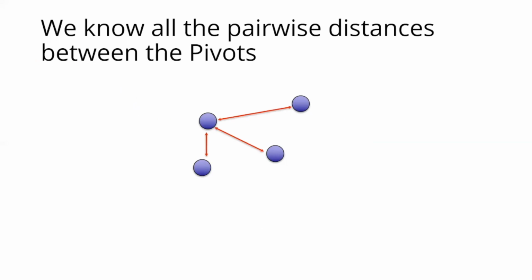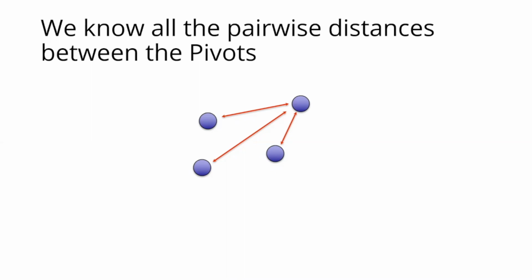Now, what I'm going to do is measure all the pairwise distances between the pivots. So I'm going to measure the distance from this guy to all the others, and from this guy to all the others, and so on and so forth. As a result, I'm going to have the distance relationship between all possible pairs of these blue dots.